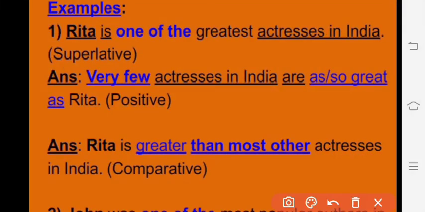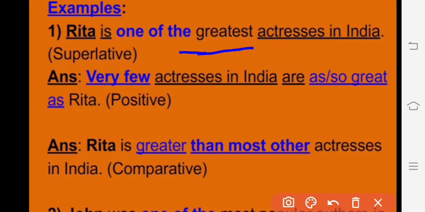Again I am reminding you that previously we were talking about superlative degree into positive and comparative, when the superlative degree has only the est form or the most form: the greatest, the highest, most beautiful, most intelligent.